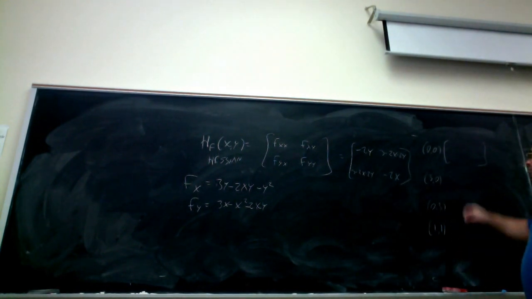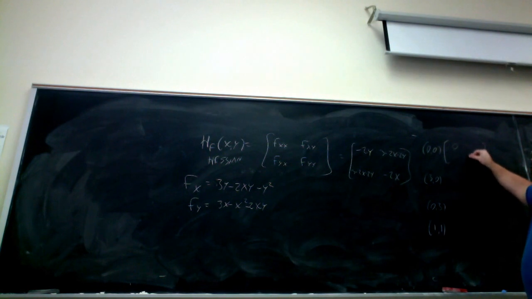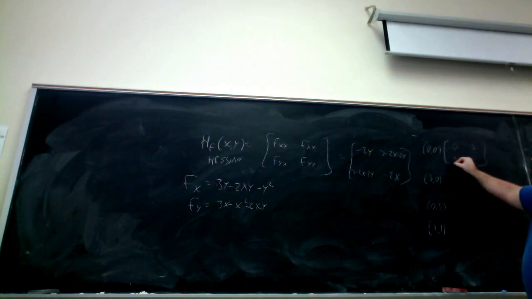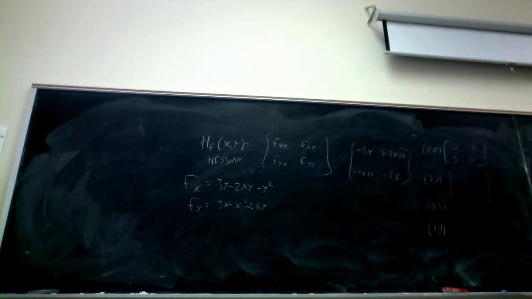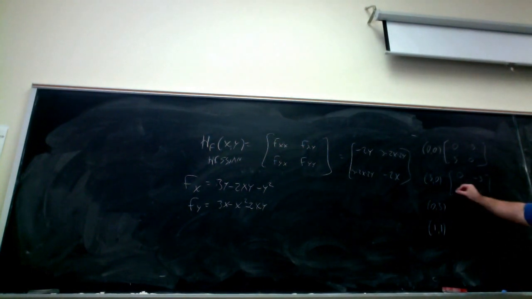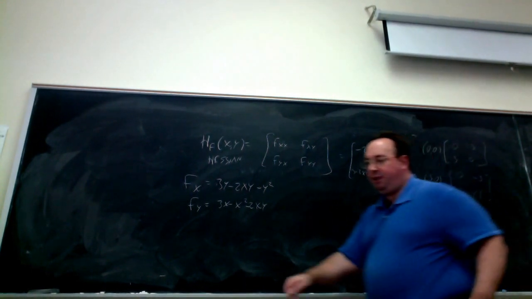Well, we get not much: 0, 0, 3, and 3. We plug in x is 3 and y is 0. So you're going to get 0, minus 6, and then 3 minus 6, so minus 3, then minus 3.